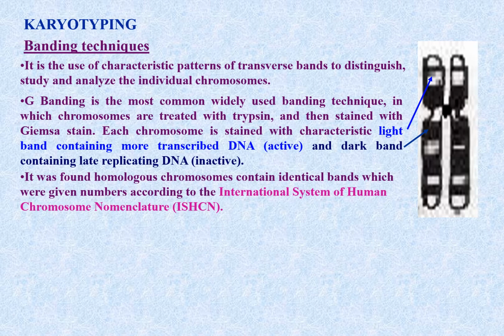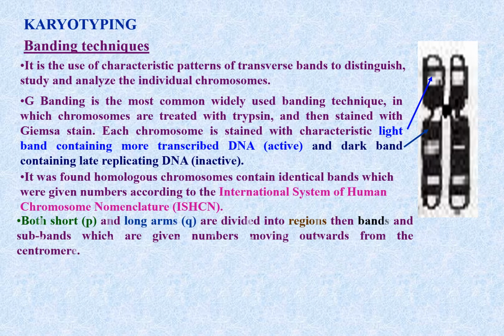It was found that homologous chromosomes contain identical bands, which were given numbers according to the International System of Human Chromosomes Nomenclature, ISHCN. Both short arms P and long arms Q are divided into regions, then bands and subbands, which are given numbers moving outwards from the centromere.